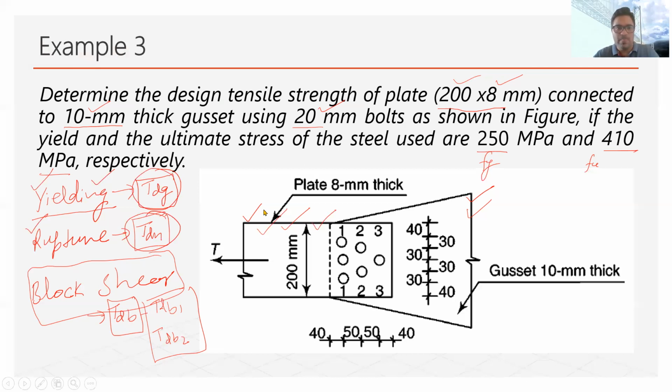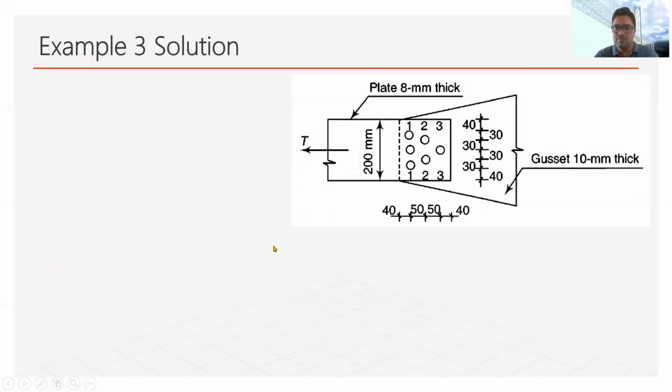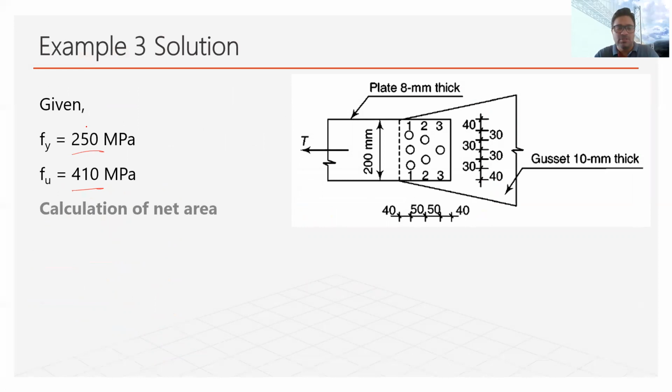Now we will see the solution. The given data I have already mentioned in the previous slide. The Fy and Fu values are given in the problem. Now we will find the net effective area. Why?